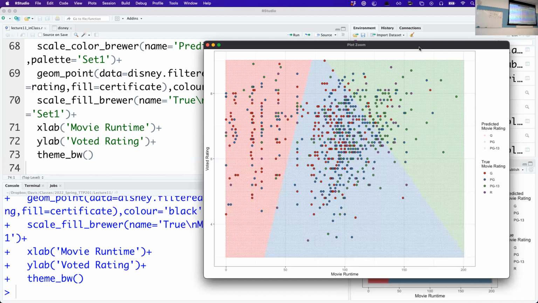Maybe that's because all you had to go off of was the rating and the runtime. You really don't want to show a kid an R-rated movie, but you don't really mind that an adult would watch a G-rated movie.